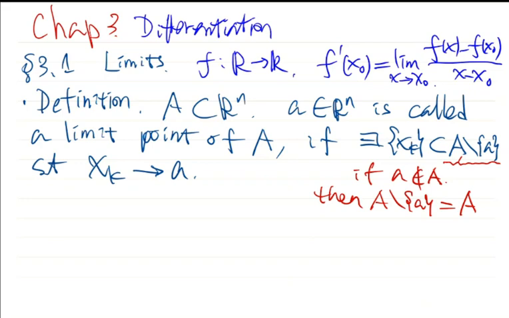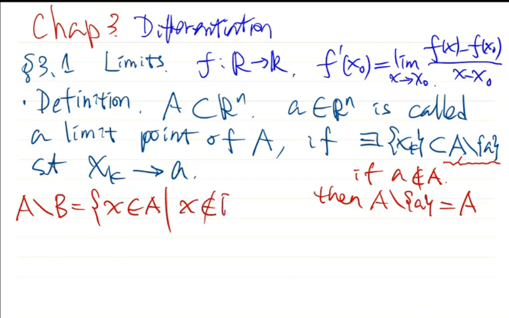Remember the difference of two sets is the set of elements in the first set but not in the second set. So here A minus small a, if small a is not in A, then the difference is exactly A itself.